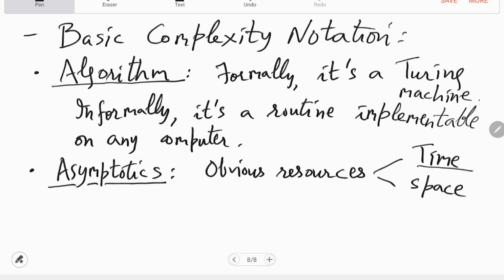And then what is the definition of time? When we say that order n square is the time, what does that mean? Basic steps of what?